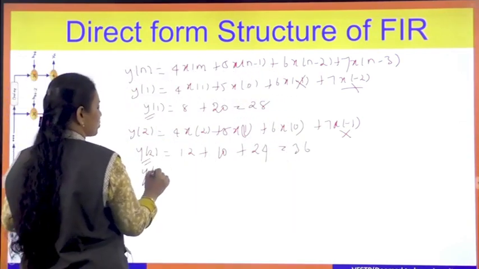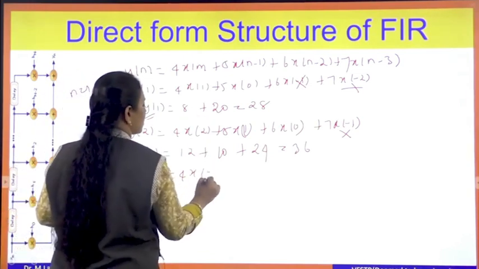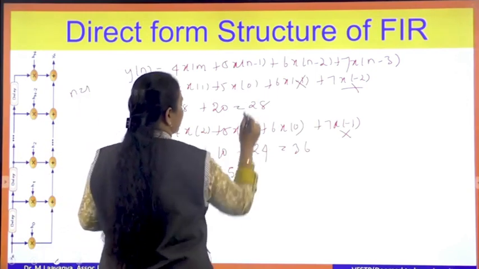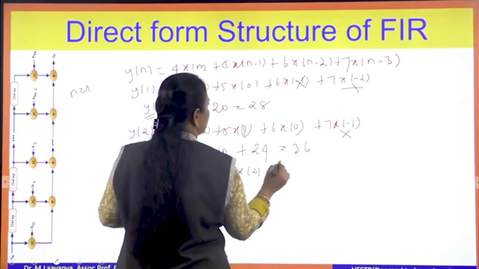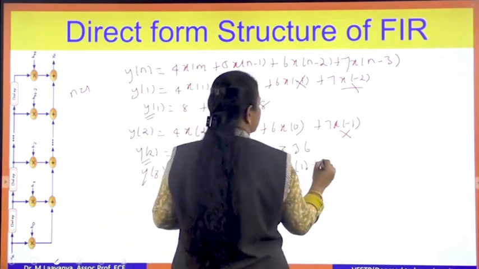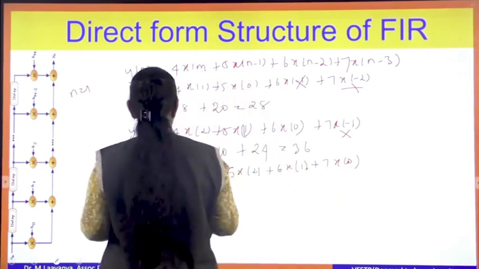Let me see what is y of 3. 4 x of 3 plus 5 x of 3 minus 1 plus 6 x of 3 minus 2 plus 7 x of 3 minus 3. That is x of 0 now. Substitute all the values.